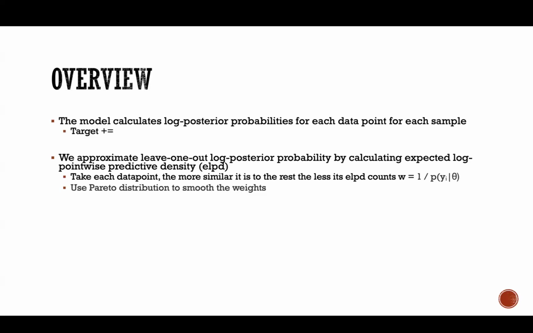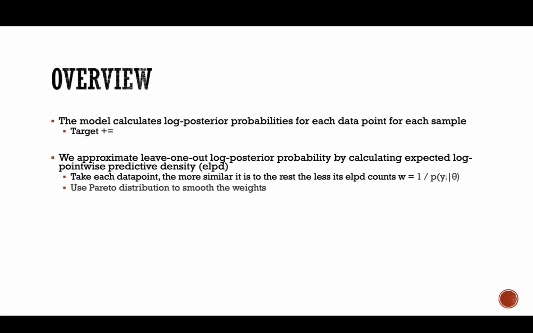And should one data point really be overwhelmingly determining everything? So what the Vehtari group in Finland has devised is Pareto smoothing. They fit a Pareto distribution, and then they readjust the weights to fit the Pareto distribution. And that gives a much more stable reweighting of the log posterior probabilities, right?